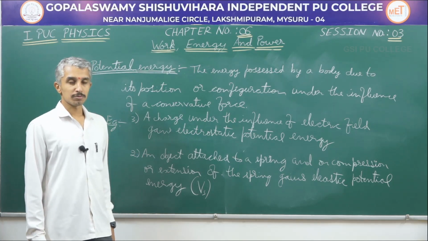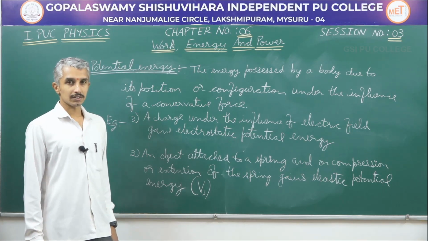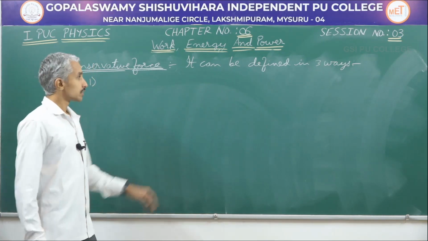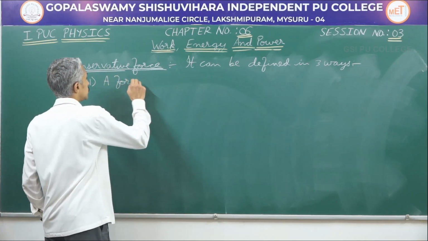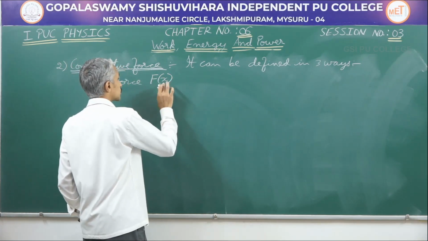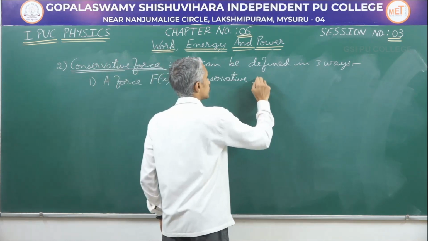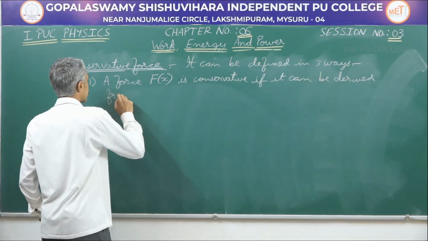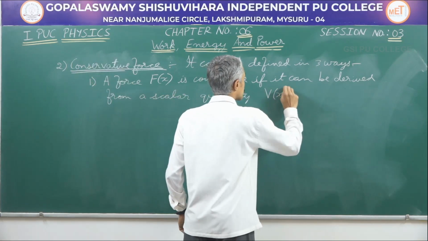Now let us see what do we mean by conservative force, or what are the different ways of defining a conservative force. From the previous examples, I can define conservative force in three different ways. The first one being a force F of x, which is force which is dependent on the position, is conservative if it can be derived from a scalar quantity V of x.